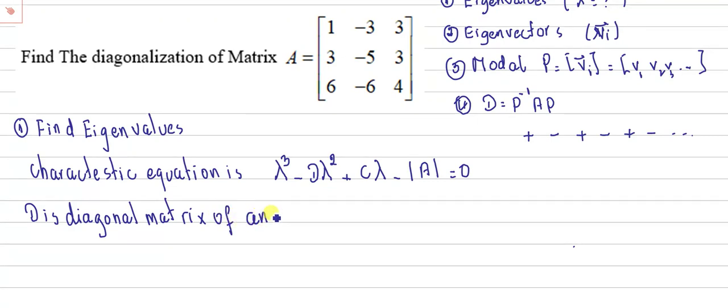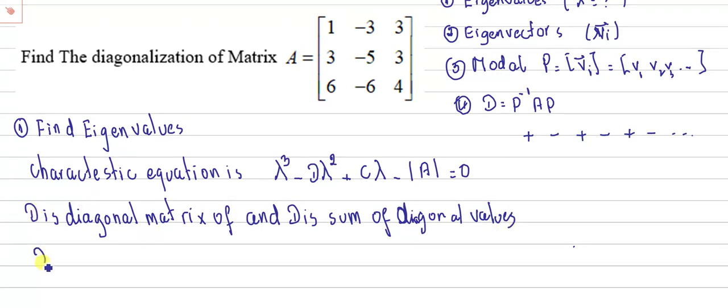And D is the sum of the diagonal values.